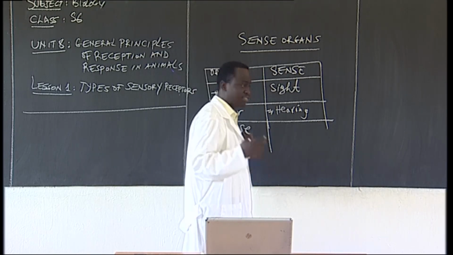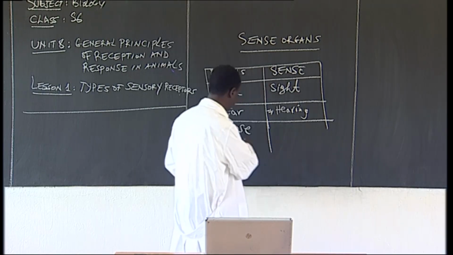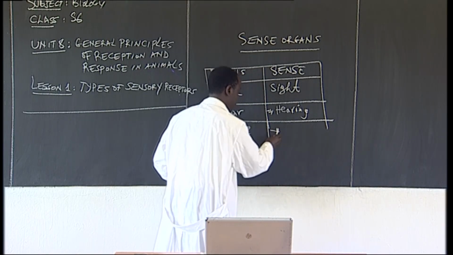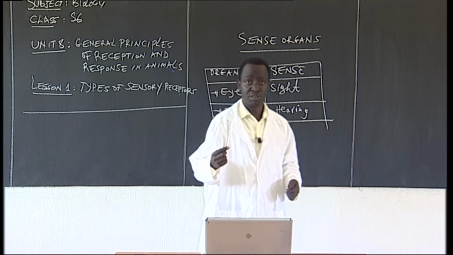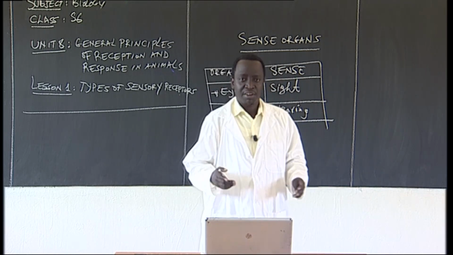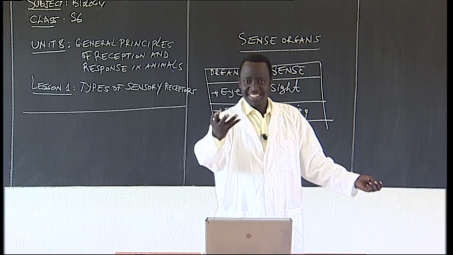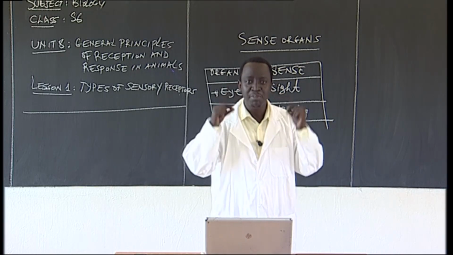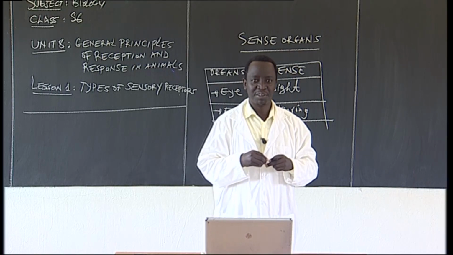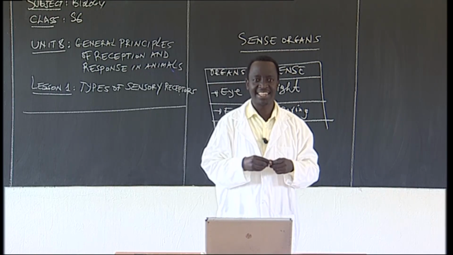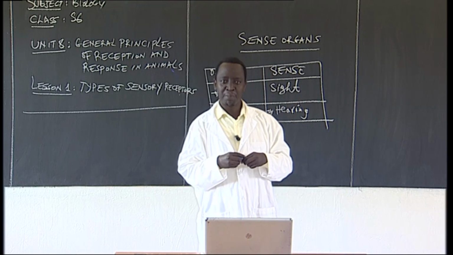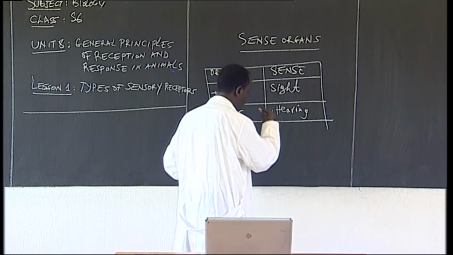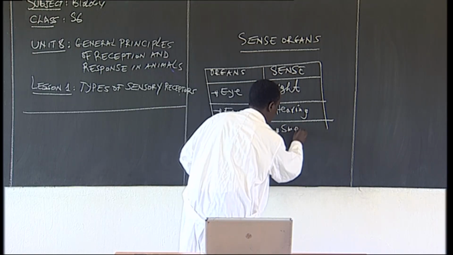What is the sense for this sense organ? It is smell. For example, when you are cooking food, you can smell that food and say, that's good food. That is smell. You use your nose.